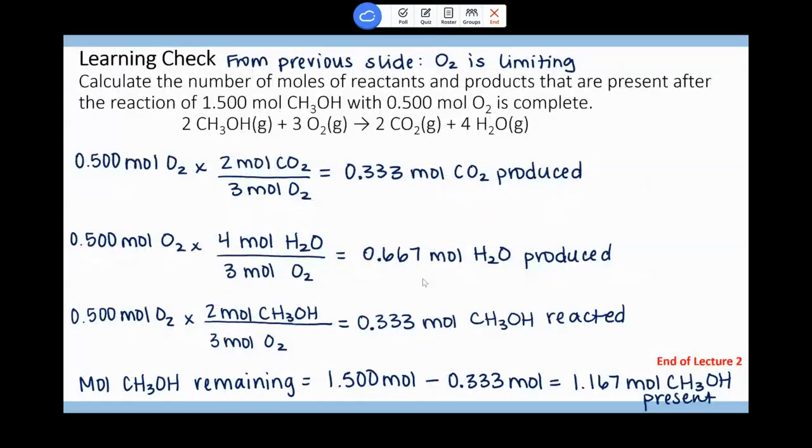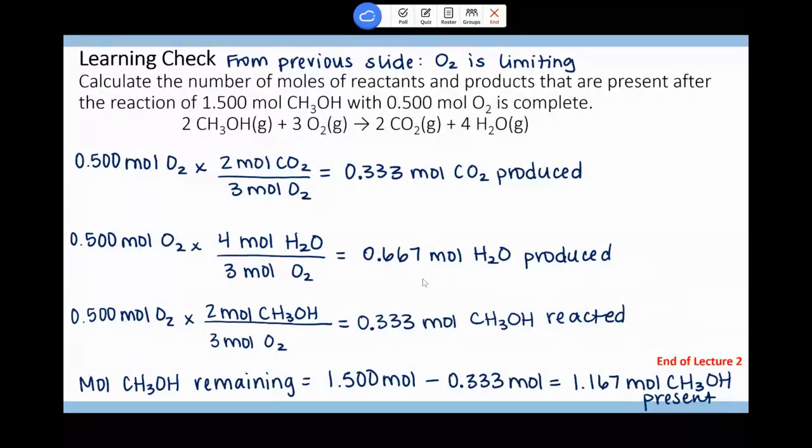So then we completed this question. This was the last thing we did on Wednesday, where we had determined on the previous slide that oxygen was limiting. We determined how many moles of carbon dioxide was produced, how many moles of water was produced.